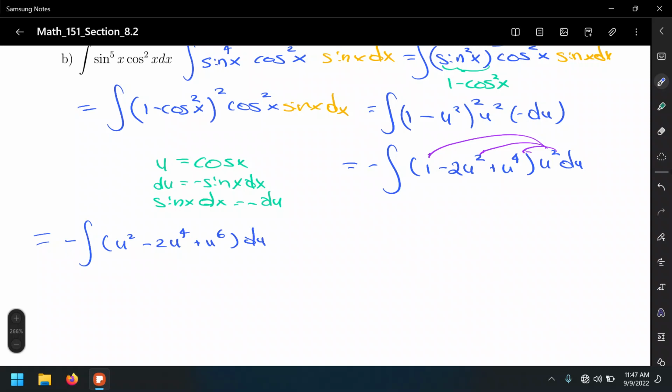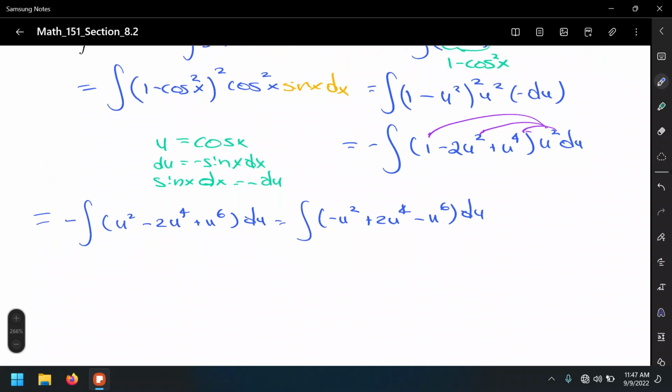Okay, before integrating, I'm going to use that negative sign in front of the integral to change the sign of all these terms inside. That way we don't have to worry about too many negative signs after integrating this. So I'm going to change the sign of everything here. That's negative u squared plus 2u to the fourth minus u to the sixth with respect to u.